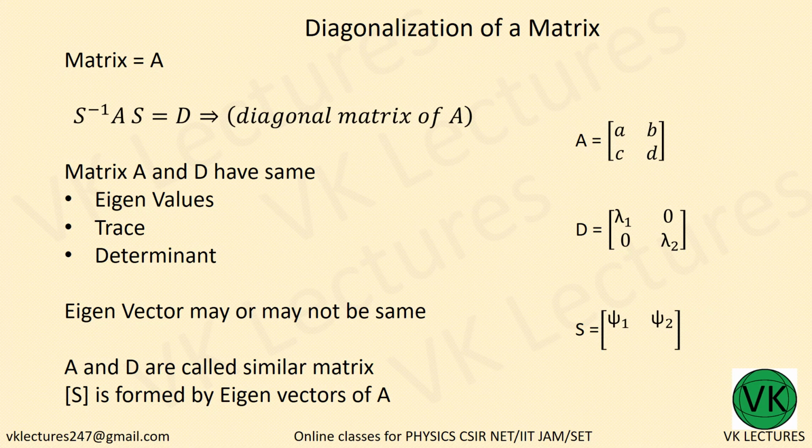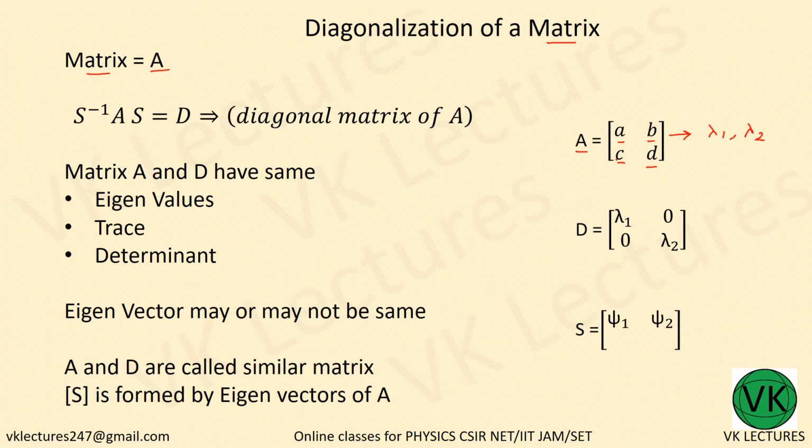Diagonalization of a matrix. Now suppose you have a matrix A and S is a matrix. Let us take this A with a, b, c, d as the elements, and you can find the eigenvalues lambda 1, lambda 2 with the help of the characteristic equation.